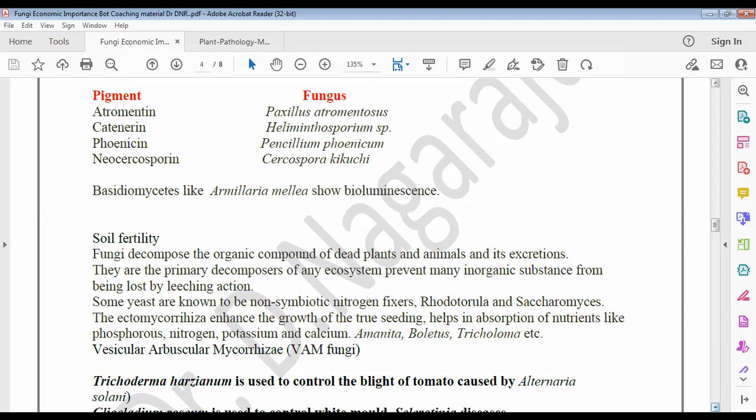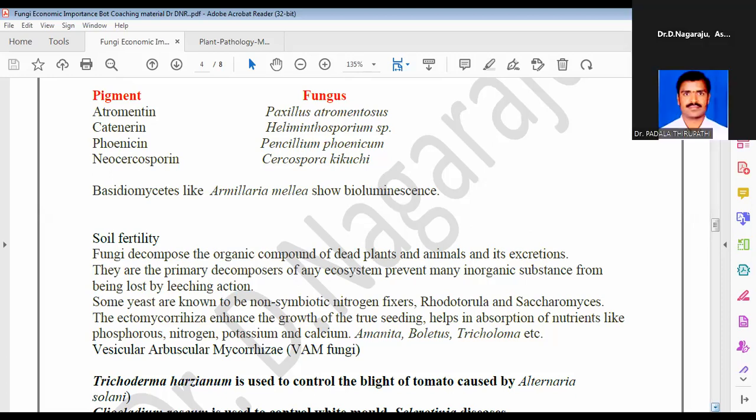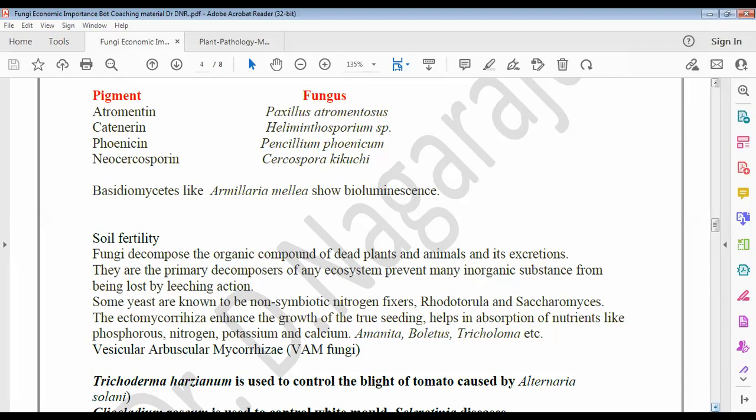You forgot, huh? Armillaria mellea, the first class fungi. It's a fly agaric, it shows the luminescence. And also it shows the, you totally forgot, huh?